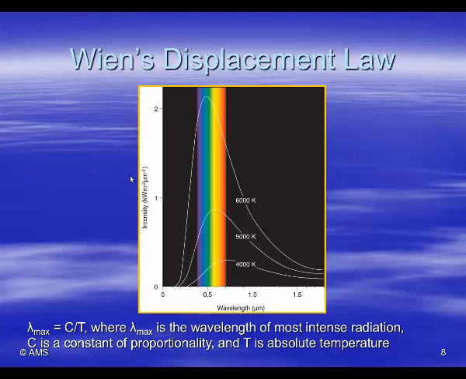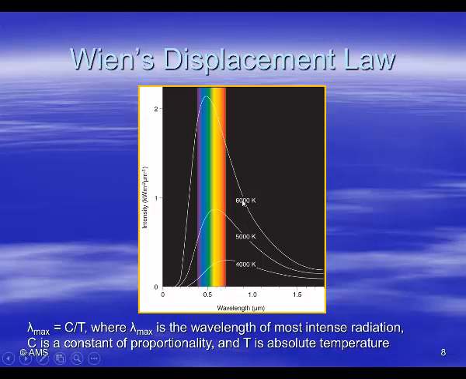If we see the one with the lowest temperature, the 4,000 Kelvin, it peaks around the red edge of the spectrum. Okay, so it has all these wavelengths, and this is how much of the wavelengths it has, but it peaks at about 400. And that wavelength is about 0.7 micrometers.